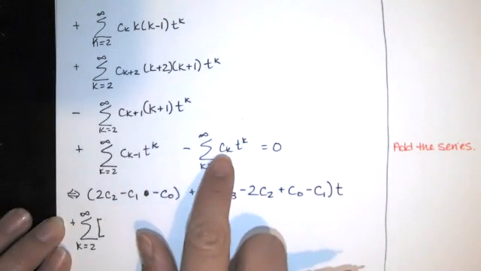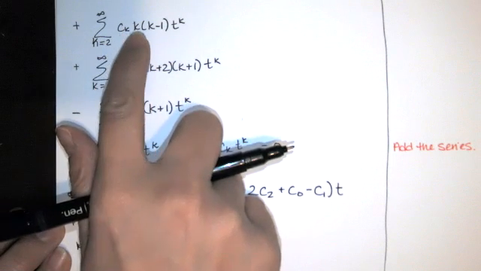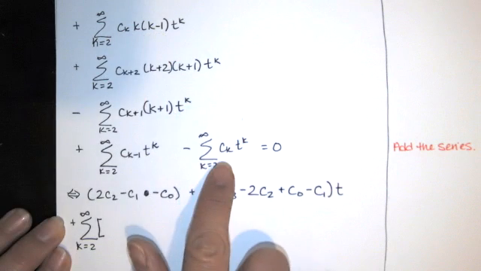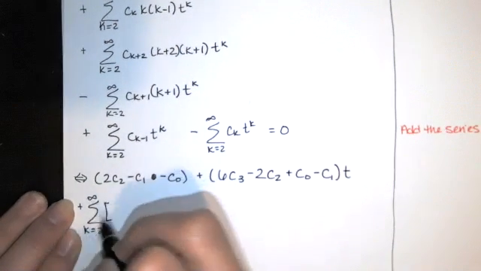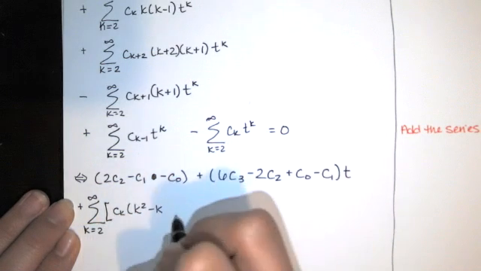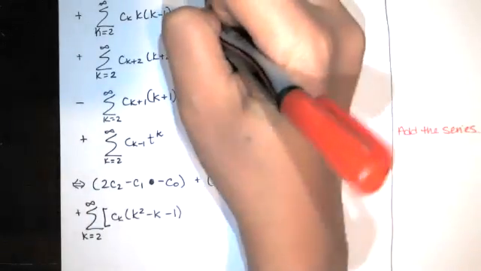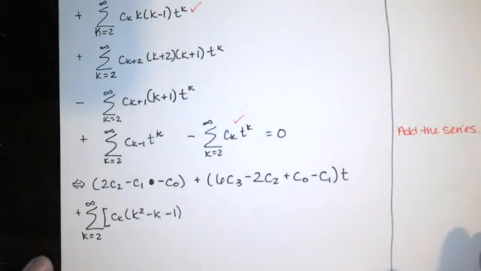I've got a c sub k here and a c sub k here. So this I can think of as c sub k times k squared minus k, minus 1 more c sub k. So that's c sub k times k squared minus k minus 1 times t to the k. So that took care of our first series and our last series. And then I want the other ones.